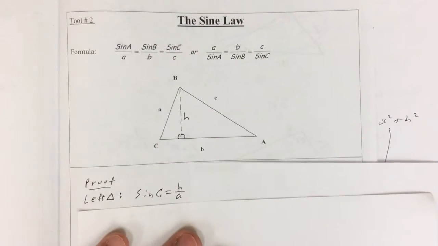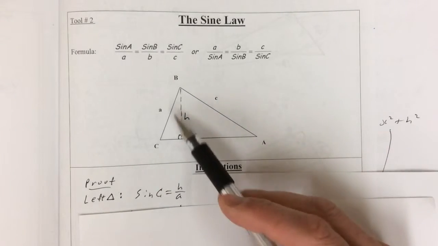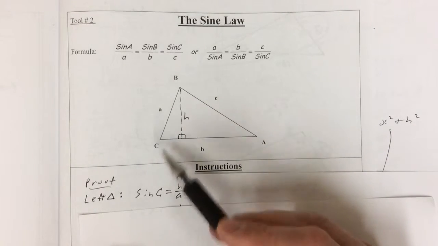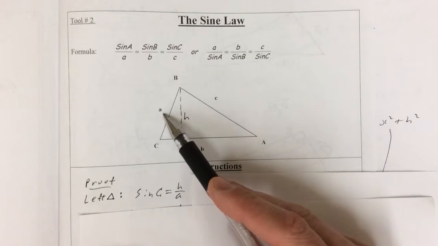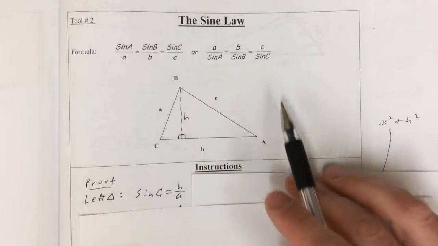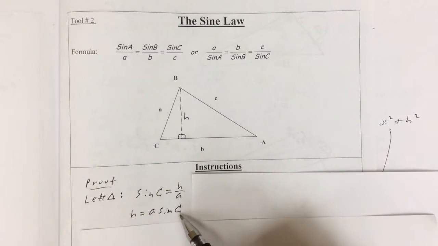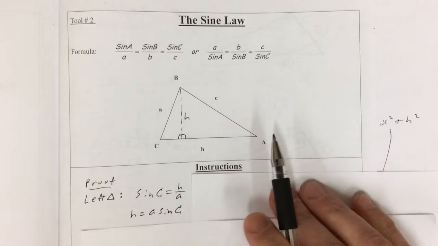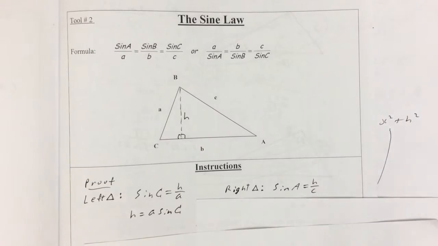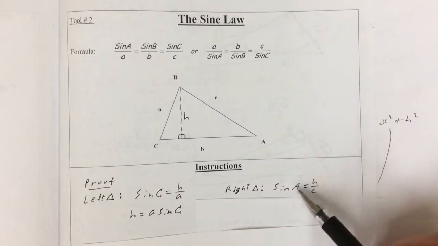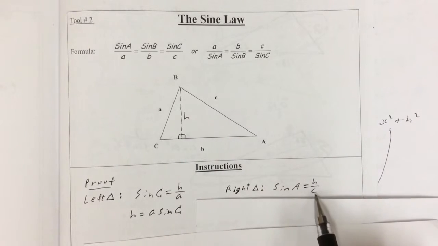So the first one, on the left side, if we look at the triangle on the left, we know that sine of C equals opposite over hypotenuse, so h over a. And that means that h equals a sine capital C. On the right side, we see that sine of A equals h over c, side c.